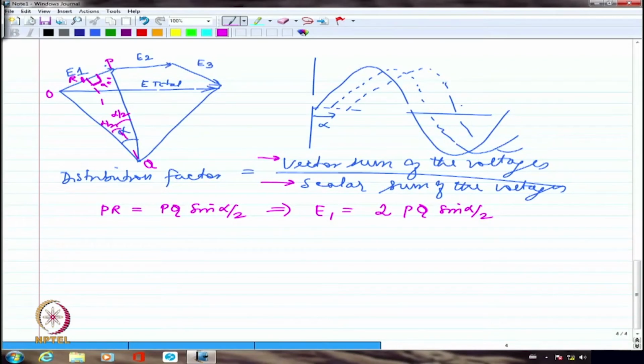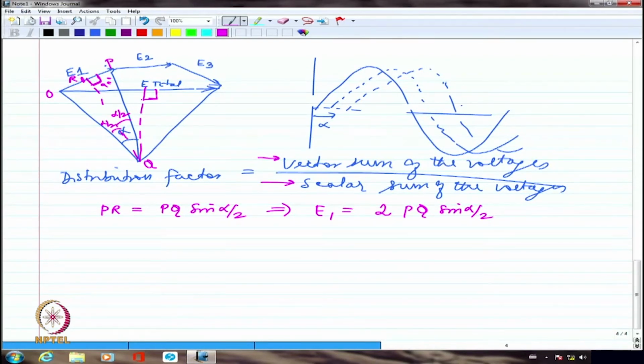So if I have n such voltages, the scalar sum is going to be n times the voltage, the total number of such vectors. That's it. Whereas if I look at the vectorial sum, let me again drop a perpendicular here, and I'm looking at this as the 90 degree point.